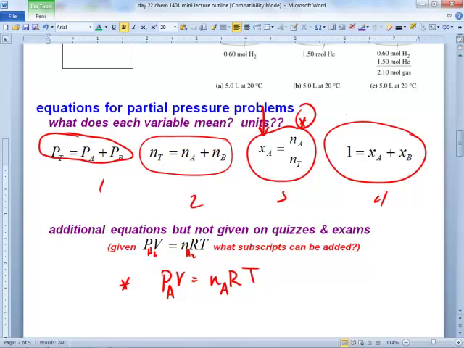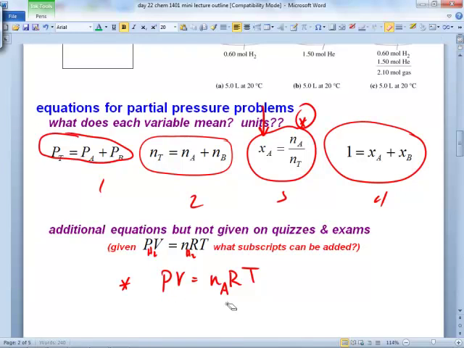I hear the first one. I like what Christian's thinking, the first one, because he sees PT, because they're asking after total pressure. But if you use this one, you have to know the partial pressure of hydrogen, the partial pressure of the other gas. So it's uglier. It'll be easier to use this one and just use what subscript?